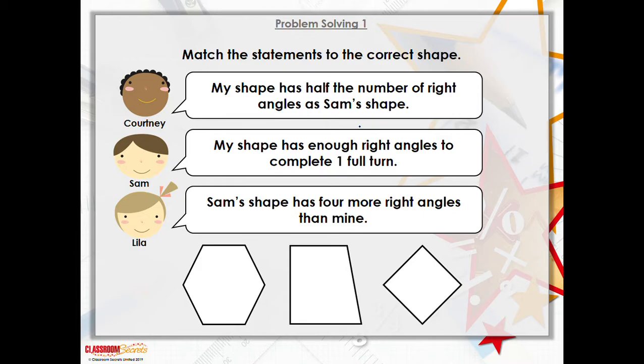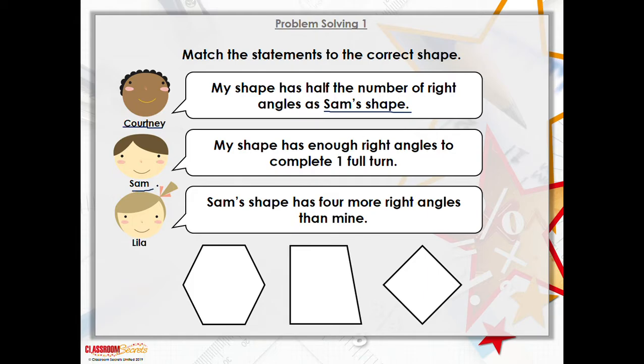The questions you're going to get today are going to be similar to this one here, where you're going to have to match statements up to the correct shape. Be really, really careful when you read them. Make sure you read them out loud so that you fully understand them. So question one. Courtney says, my shape has half the number of right angles as Sam's shape.